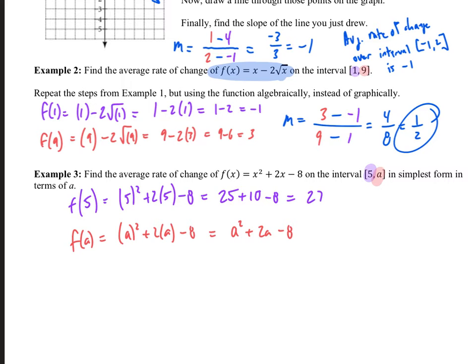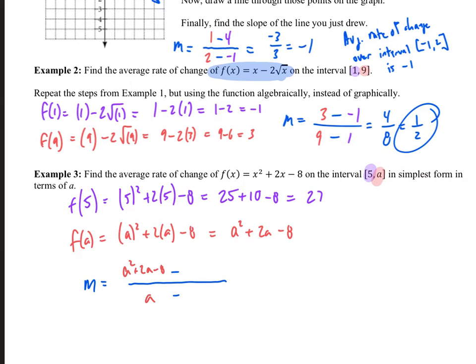So remember, finding that rate of change, finding that slope, we start on the left, that's our 1, and so we want to actually use the values from the second input first. Our second input was a, and the output from that was a squared plus 2a minus 8.